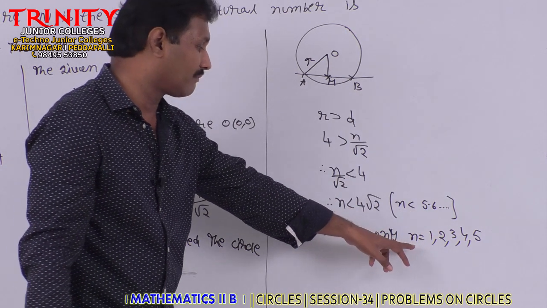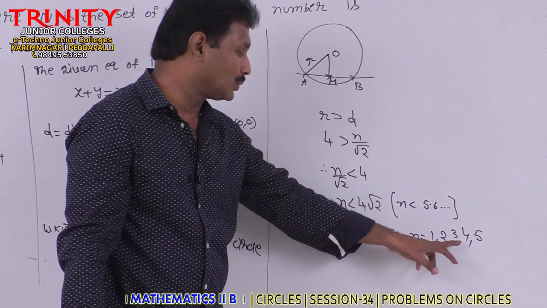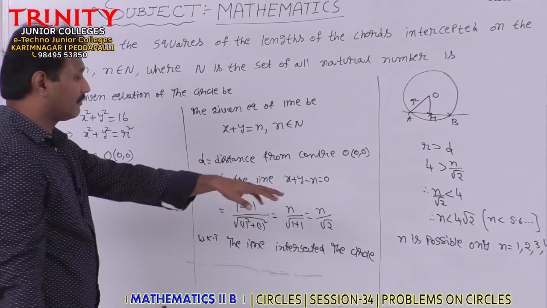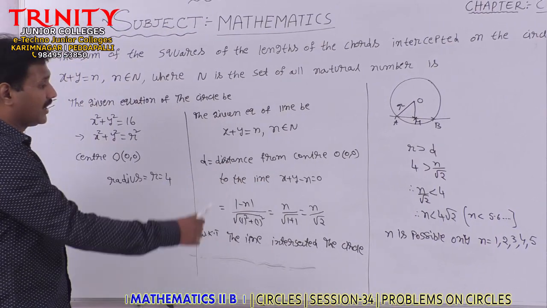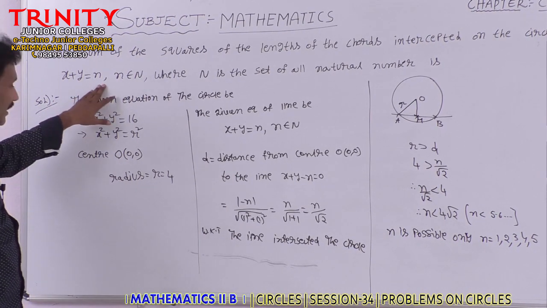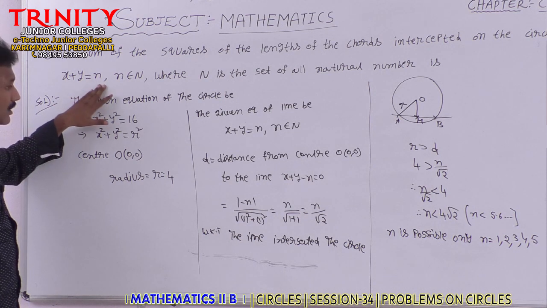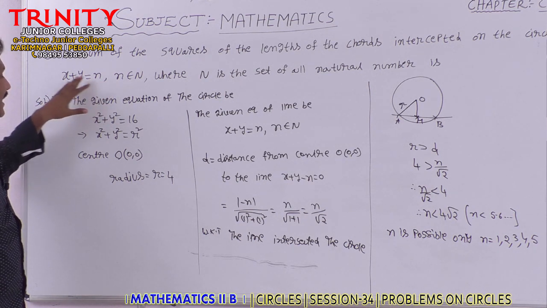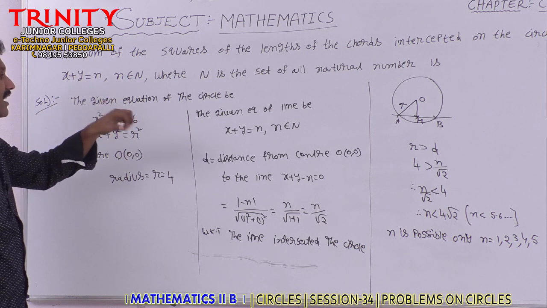That means only 5 possibilities. Therefore there are 5 chords. The lines are x plus y equal to 1, x plus y equal to 2, x plus y equal to 3, x plus y equal to 4 and x plus y equal to 5. These are the 5 chords.